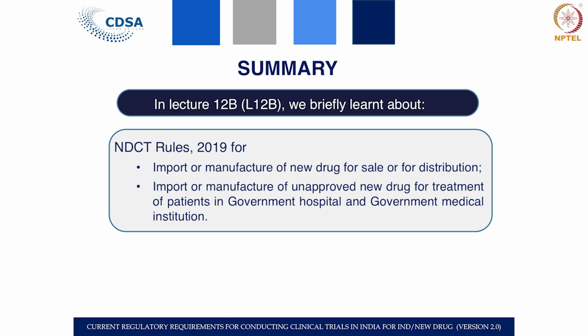One is the import of the unapproved new drug for treatment of patients in government hospitals and government medical institutions, and another is the manufacture of unapproved new drug under clinical trial for the treatment of patients in government hospitals and government medical institutions, provided it is permitted and agreed by the prescriber, the patient or his legal heirs in a written consent form, and also by the ethics committee.